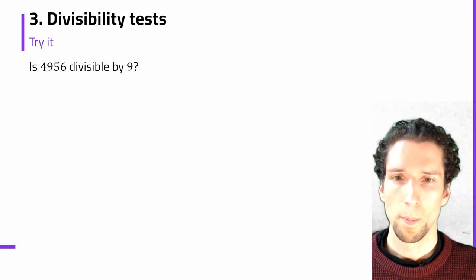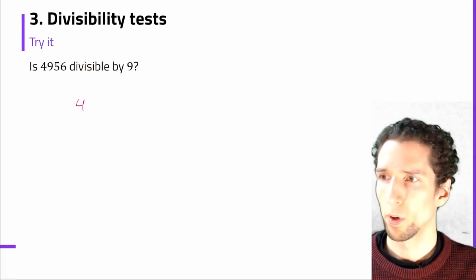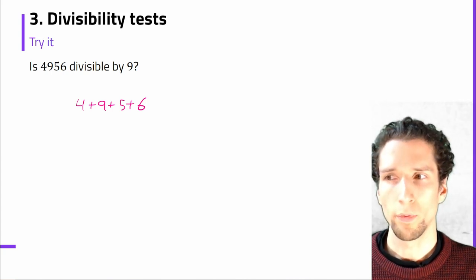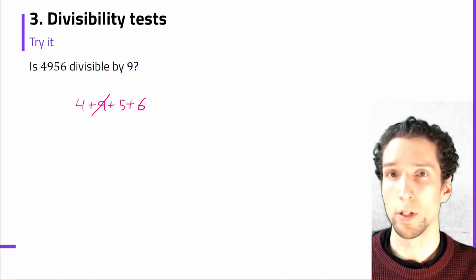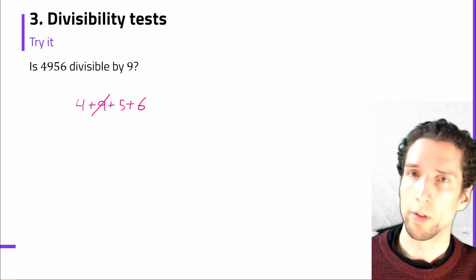Let's do my turn here for this number. 4 plus 9 plus 5 plus 6. As I mentioned, if we have a 9 in the number, we don't need to add it into our sum, because it's not going to change whether the result is divisible by 9.